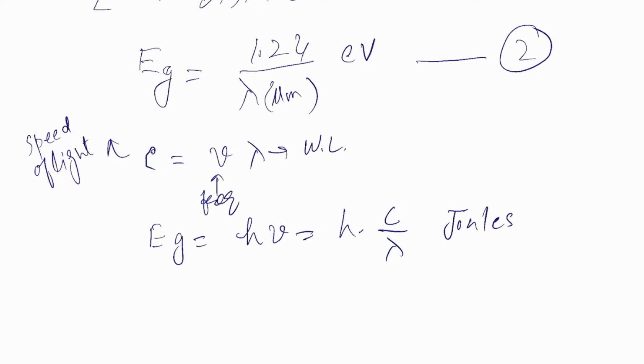If we divide this expression by the charge on a particle, q, we get h c over q times 1 over lambda. Now h, c, and q are constant values. They are not going to change. Only lambda is changing. So if lambda is changing, the energy is changing.